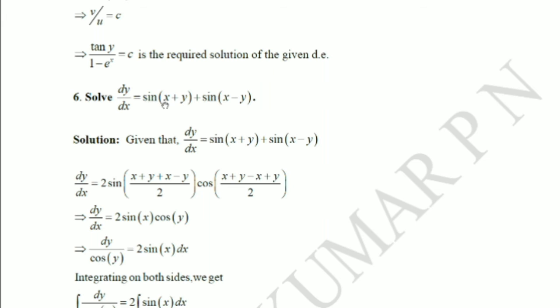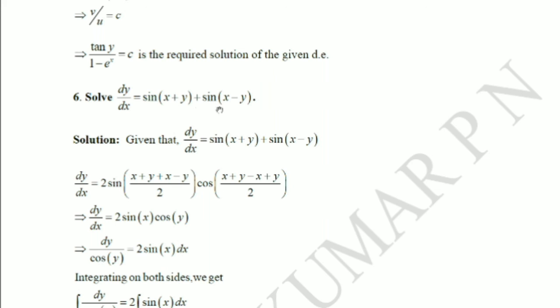Now this is of the form sin c plus sin d, so that this sum becomes product. So you know how to convert the sum into product. So apply that formula. Sin c plus sin d is 2 sin c plus d by 2 into cos c minus d by 2.